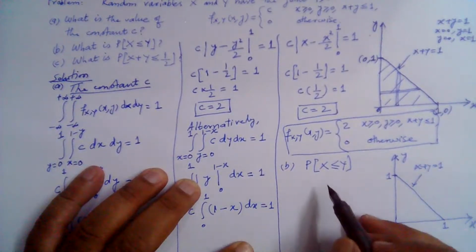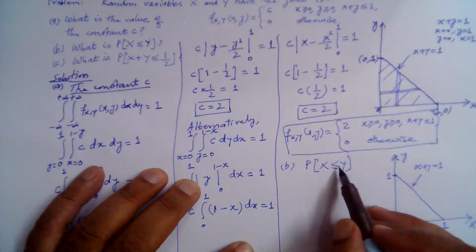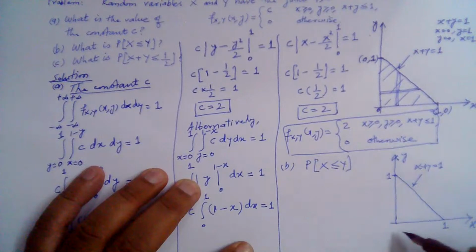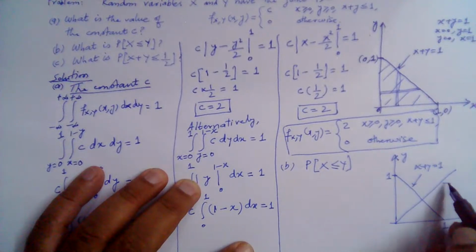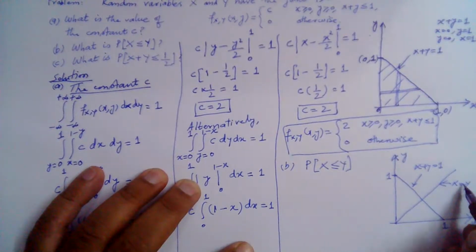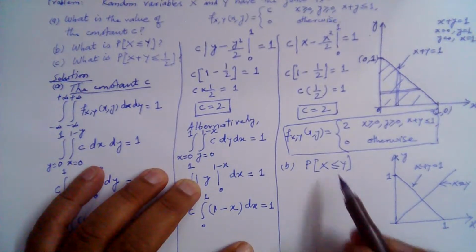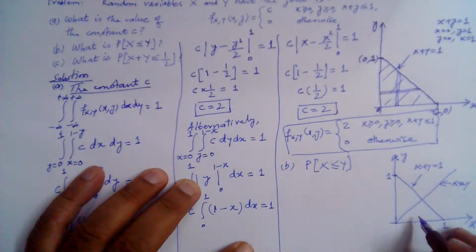And the third, to find out the region x less than or equal to y, let us just plot this line x is equal to y. So x is equal to y is this line here. So find out which region is x is less than or equal to y. Suppose we assume a point here, any point here, and then find out the x and y coordinates.